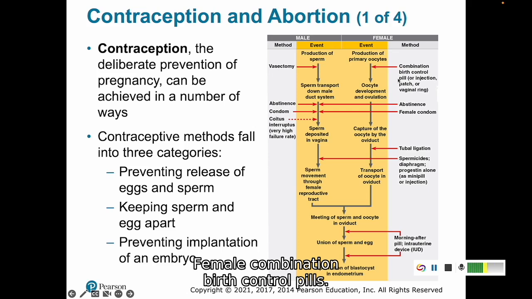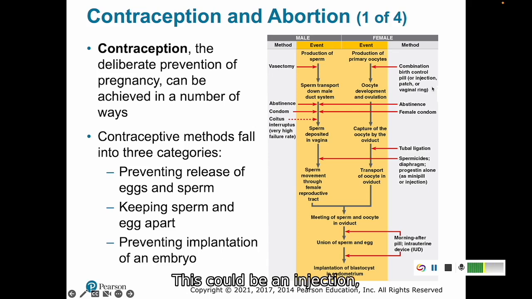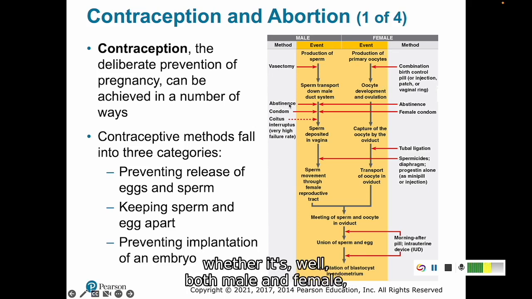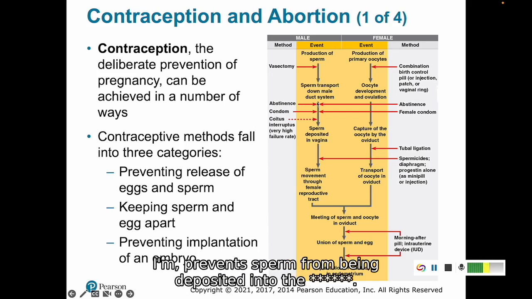Female combination birth control pills. This could be an injection, a patch, or a vaginal ring, besides just a pill, will prevent primary oocytes from developing and ovulating. Abstinence, both male and female, prevents sperm from being deposited into the vagina.